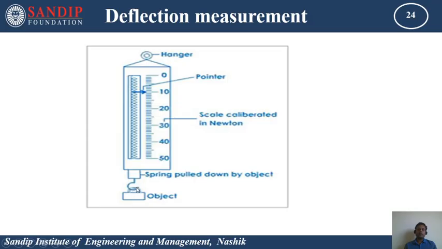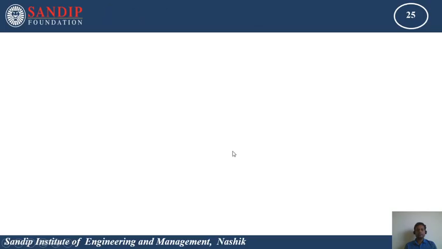The weight acts in the downward direction, so due to that a deflection is formed, and the pointer moves from the zero position according to the weight of our object. So it shows the exact reading, the exact weight of our component or object. Such kinds of systems are known as a deflection measurement system.